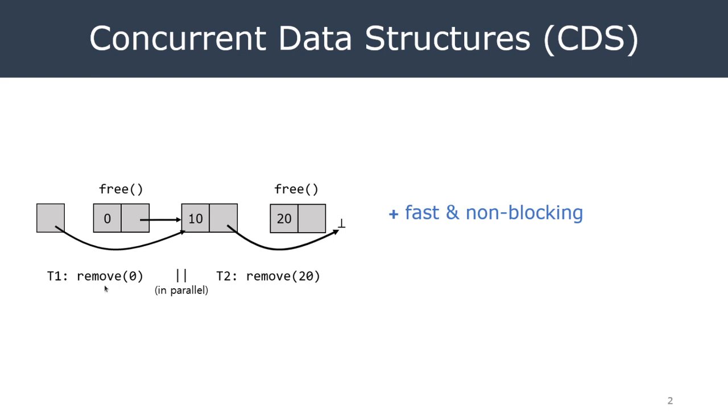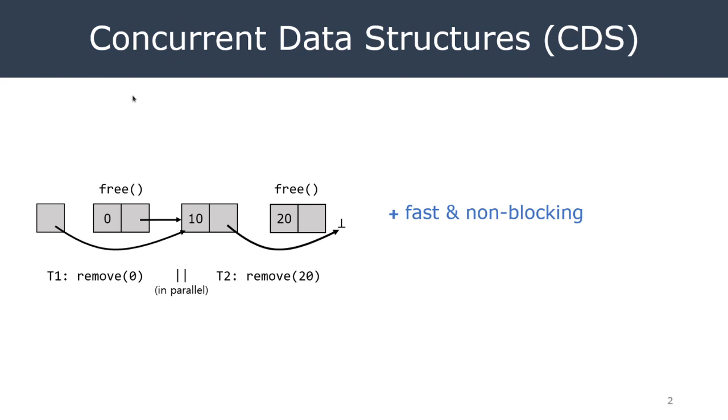Here's an example. T1 and T2 are two threads, and they are executing the remove operation on the same linked list. It can be done in parallel because they are modifying different parts of the data structure, and as a result, their modifications are not conflicting with each other. So far so good.